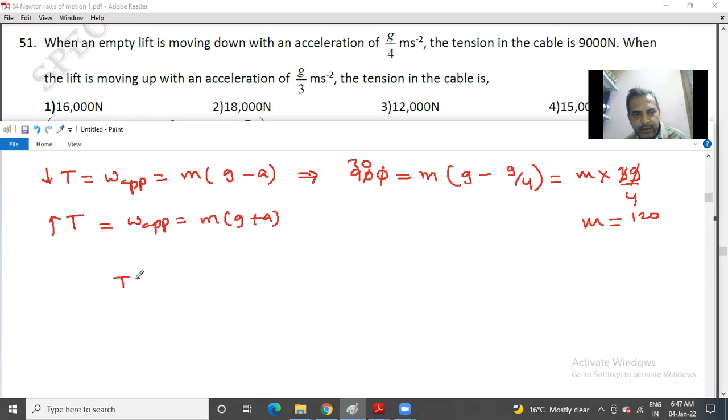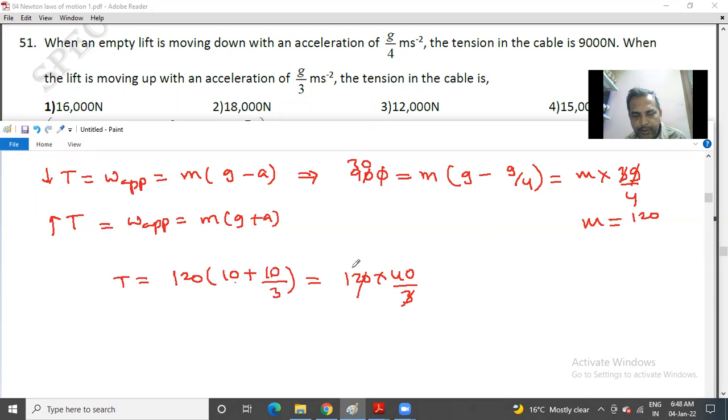So T is equal to mass of the lift 120, G is 10, acceleration mentioned as G by 3. So G by 3 means you can make it 10 by 3. So this is going to be 30 plus 10, 40. So 120 into 40 by 3.